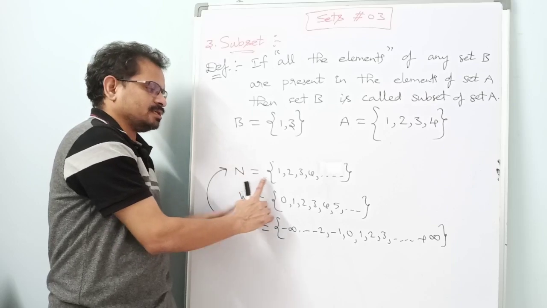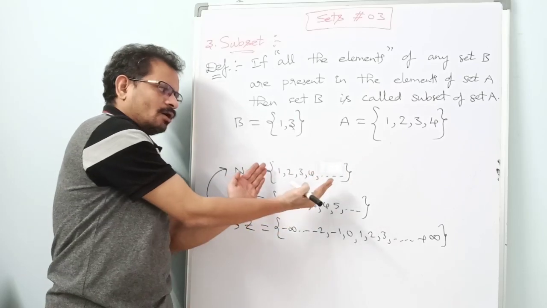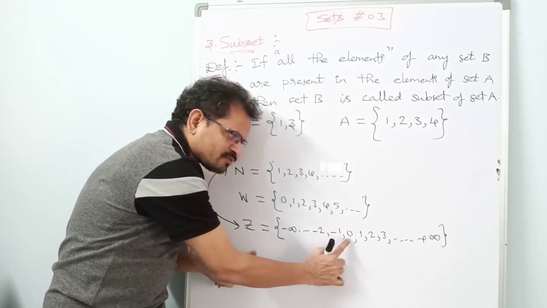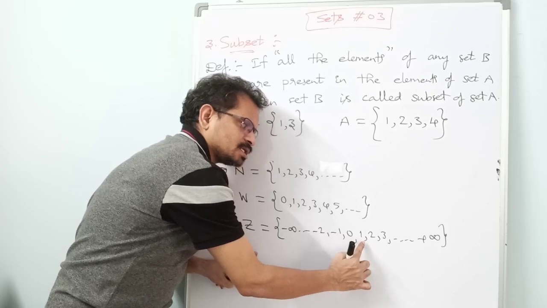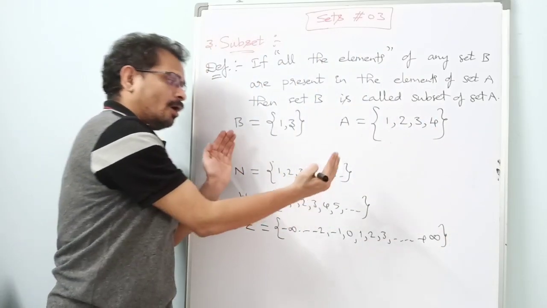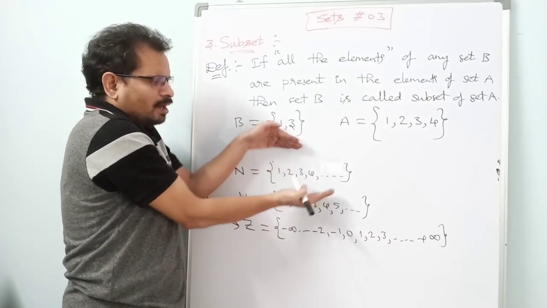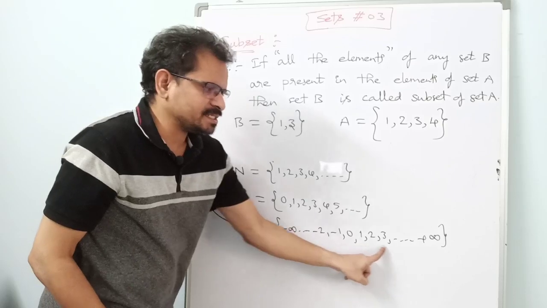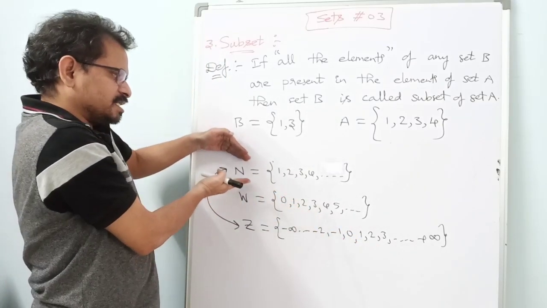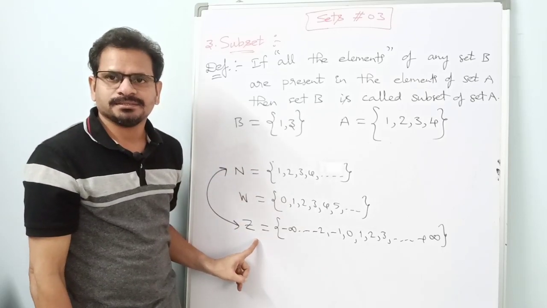First, what are the elements here? 1, 2, 3, 4, and so on. All these elements are present in the integer set, yes, starting after 0, 1, 2, 3, and so on up to infinity. So all the elements in this set are present in the integer set. So it is very clear that the natural number set N is a subset of the integer set.